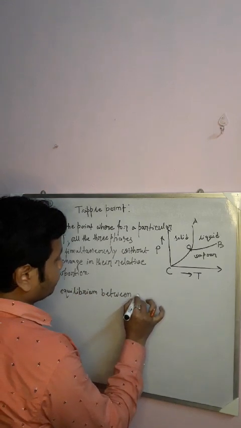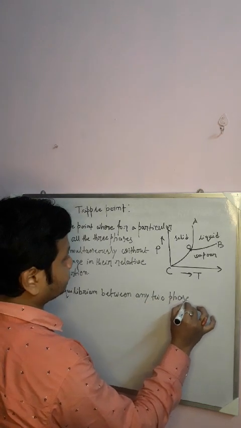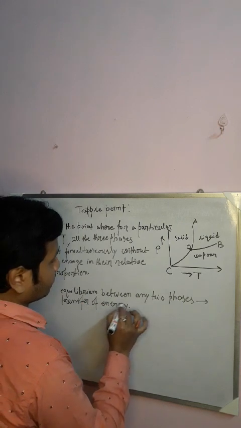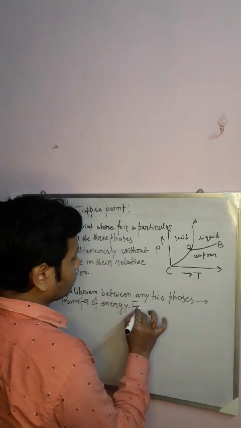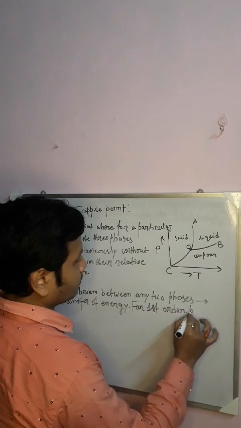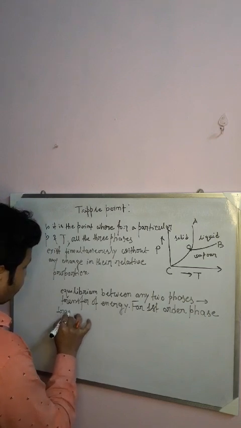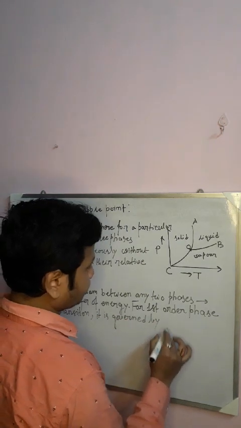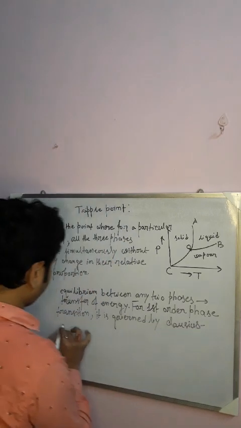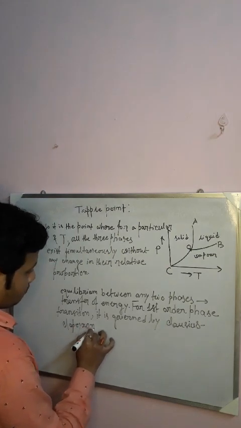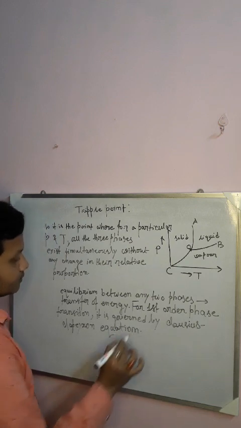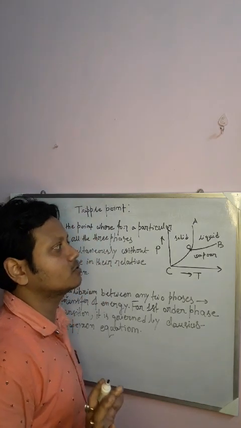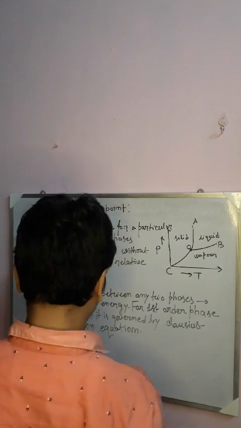Equilibrium between any two phases means there is a transfer of energy, and for first order phase transition it is governed by the Clausius-Clapeyron equation, and for second order phase transition it is governed by the Ehrenfest equation. Okay, so let us explain this matter.